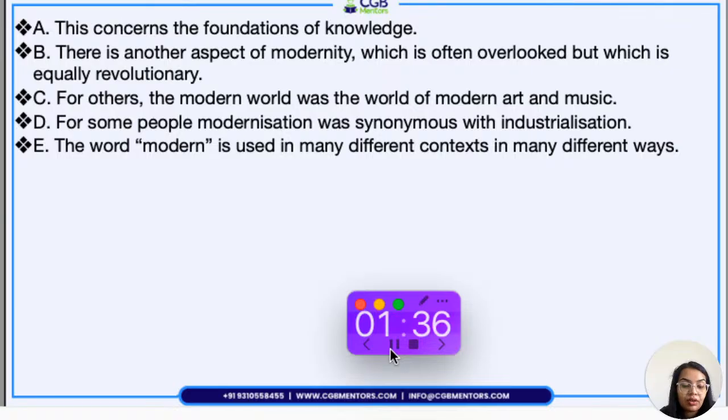Yeah, please mention your doubt. Zeba, you can mention your doubt, and before explaining this question's answer, I will clear your doubt.